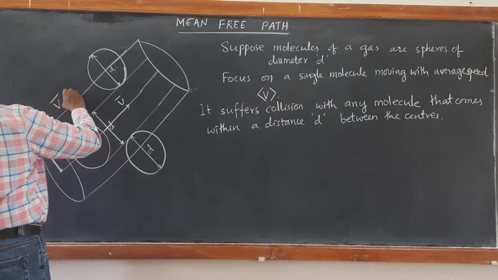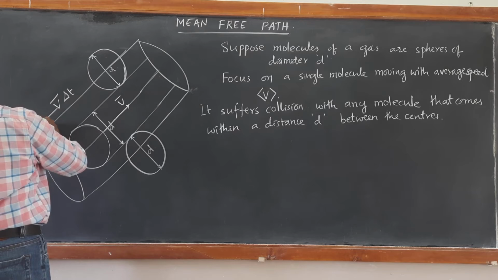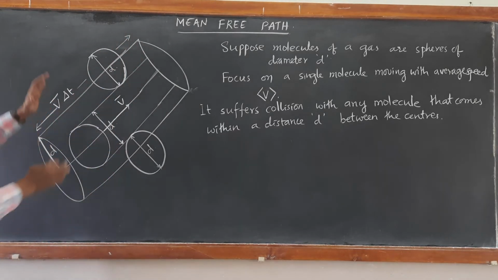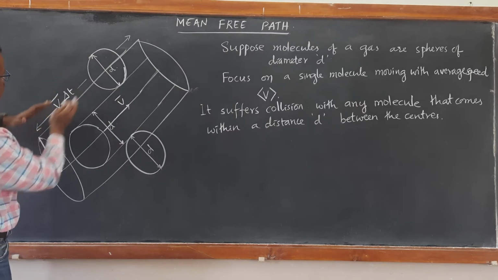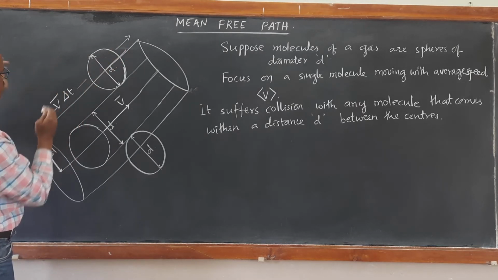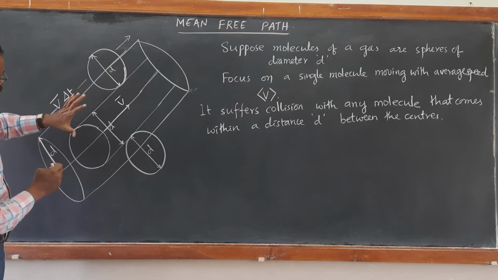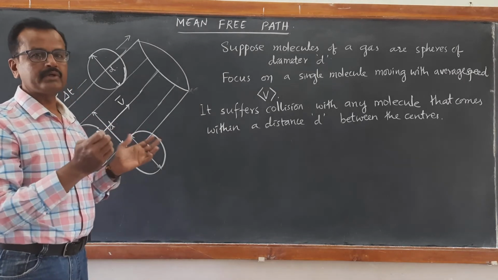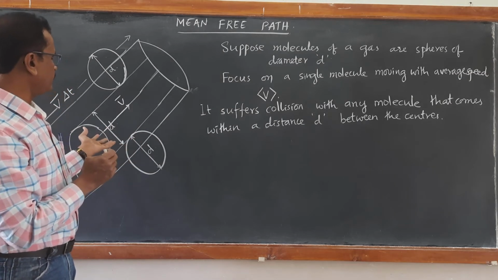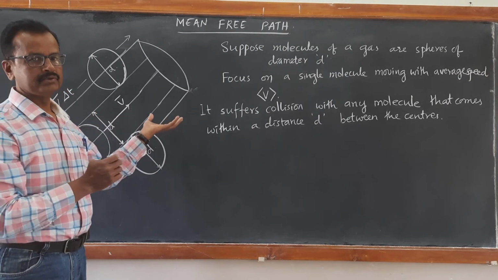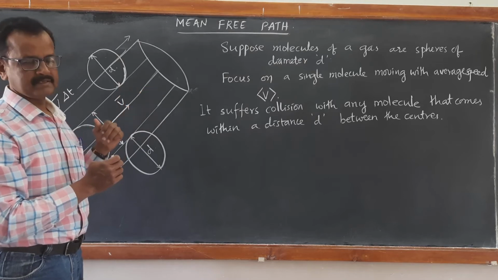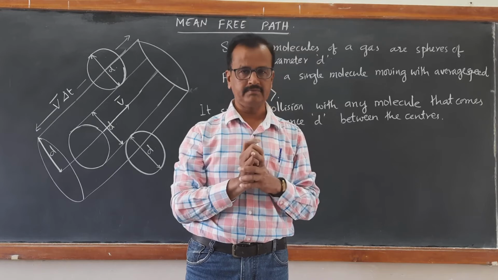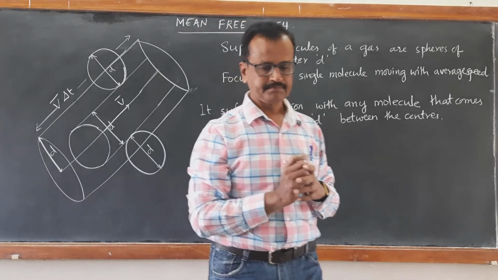Suppose v bar delta t is the distance that it covers within this short duration. How many collisions it undergoes can be calculated by knowing the number density of molecules of this gas. Number density means number of molecules per unit volume.